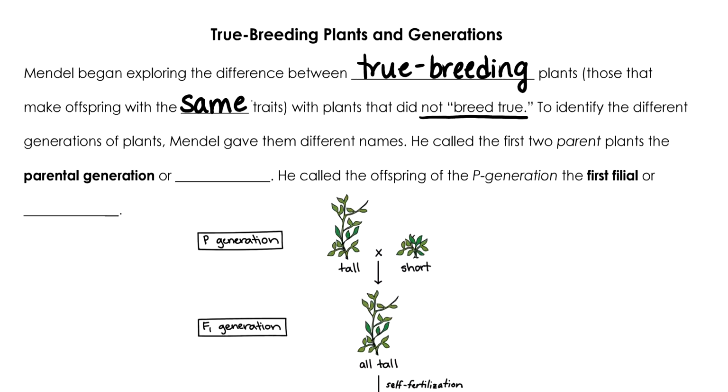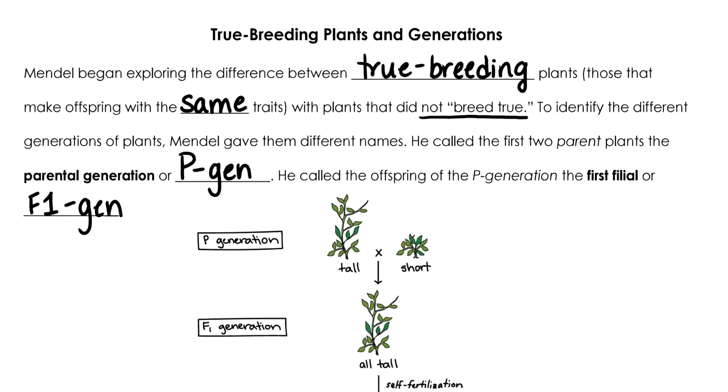Before we can really get into this, we have to identify the different levels of offspring because Mendel would take parents and make babies and then have those babies make babies and then those babies would make babies. And so we actually have an organized classification system for how to identify all of these different generations. So the first two plants that were ever crossed together are the parental generation, also known as the P gen, and then the offspring from those plants are called the first filial generation or F1 gen.